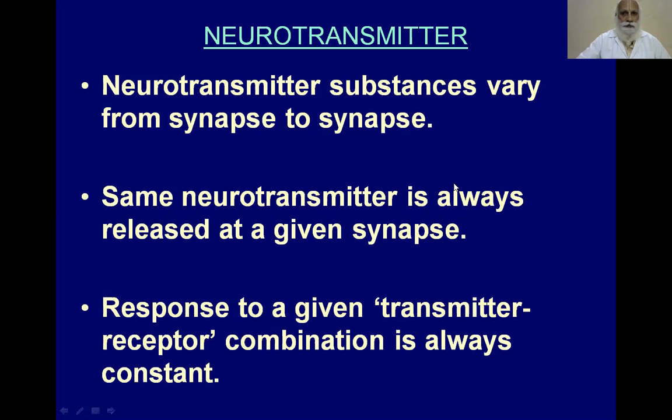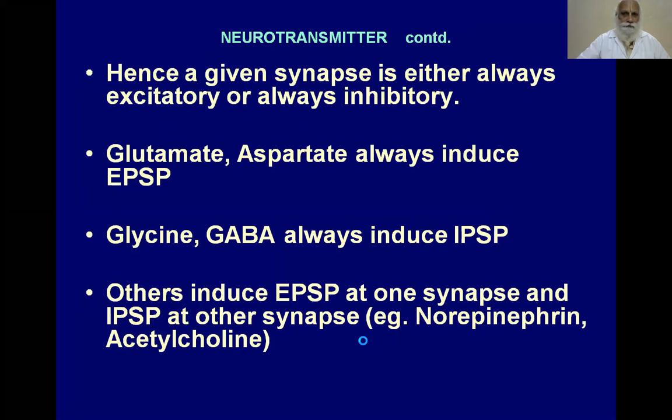But the same neurotransmitter is always released at a given synapse, so the response will not change. The same response is produced when the receptor and transmitter combine. If it is excitatory, the same excitatory effect is produced every time, and with inhibitory, the same inhibitory effect. Hence a given synapse is either always excitatory or always inhibitory.